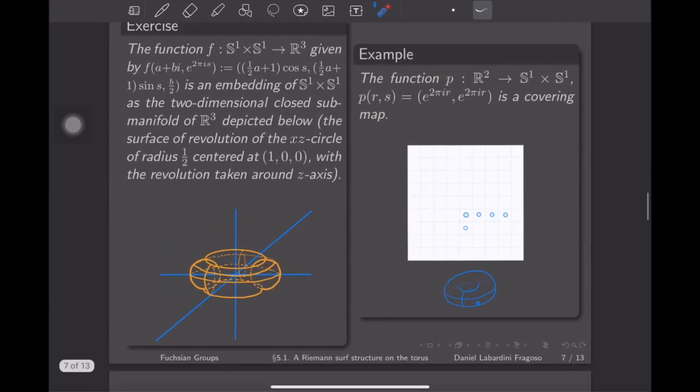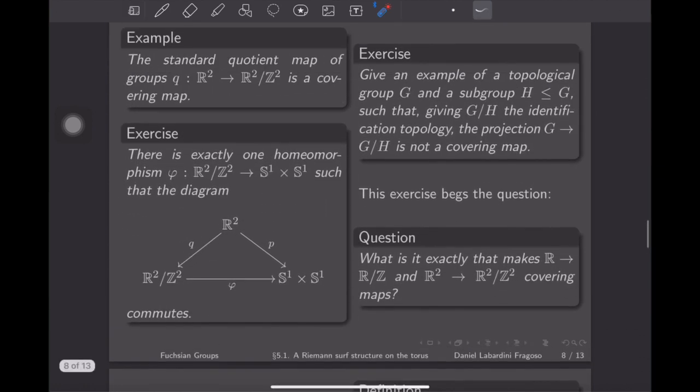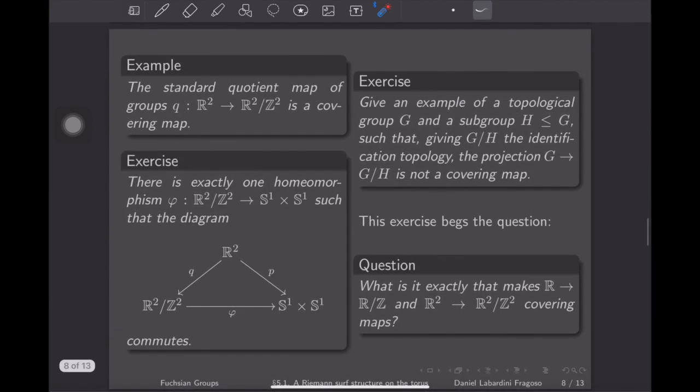Okay, so we now have the one-dimensional example and a two-dimensional example, and then one can start thinking, okay, so whenever you have some topological group and then you take a quotient by some subgroup, well, here these are abelian, but let's say if you take a group and you just consider the set of left cosets of a certain subgroup, then you are always going to have a covering map, right?